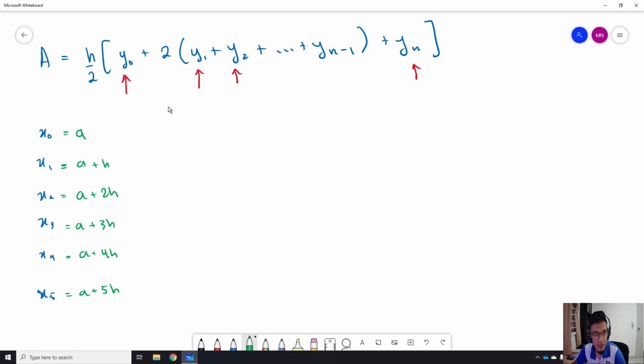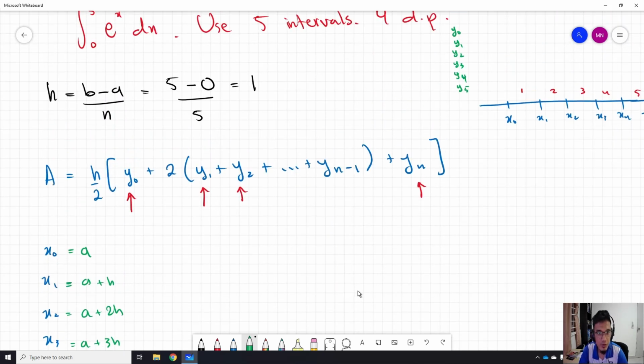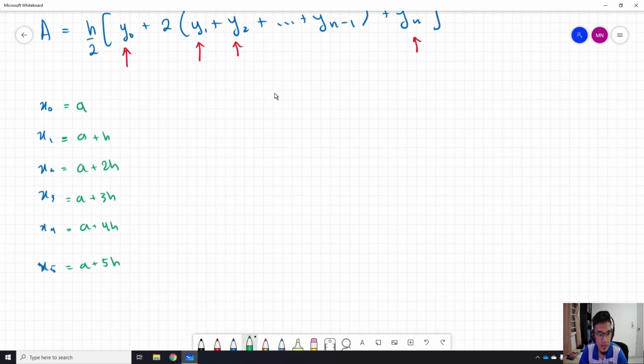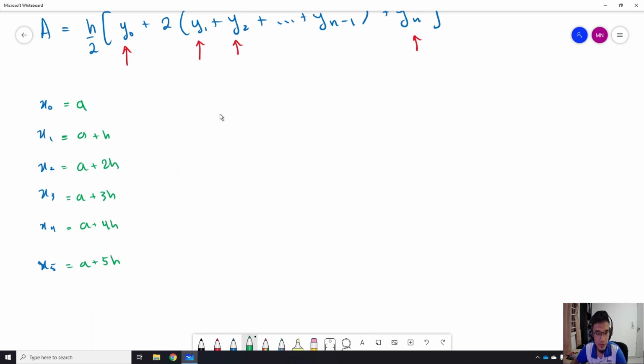From that we know that a is equal to 0 because our region is 5 and 0. So our a is 0. Then we have x0 is 0, x1 equal to 1, 2, 3, 4 and 5 because our h is equal to 1. We already found that at the early process of our solution.